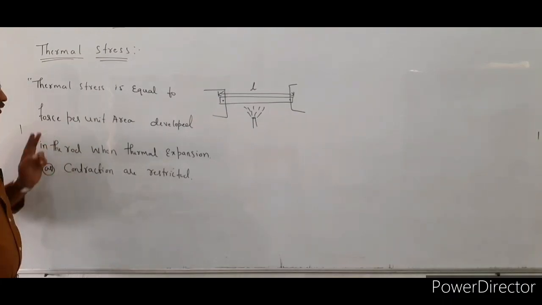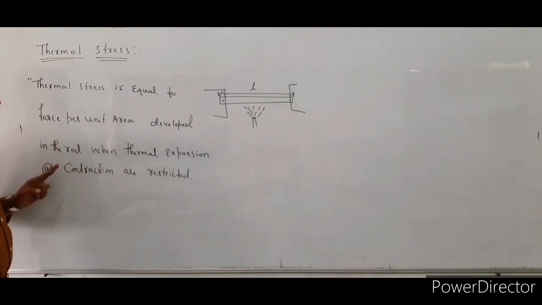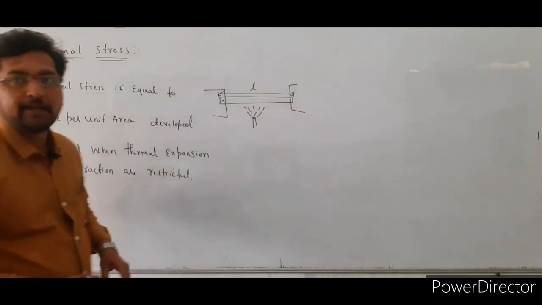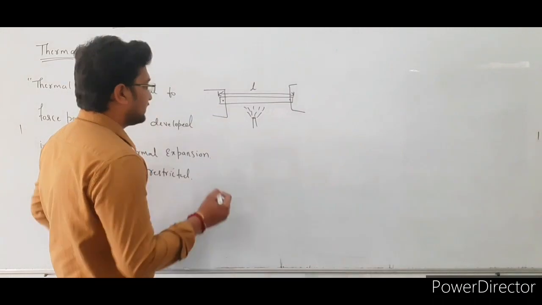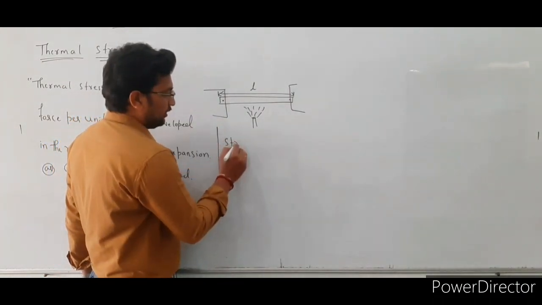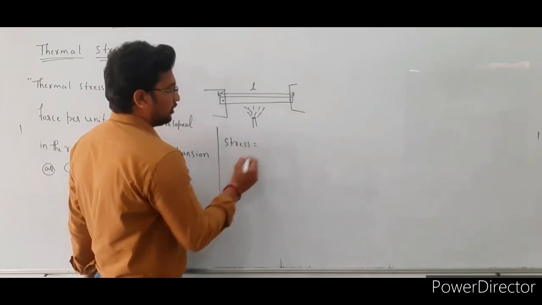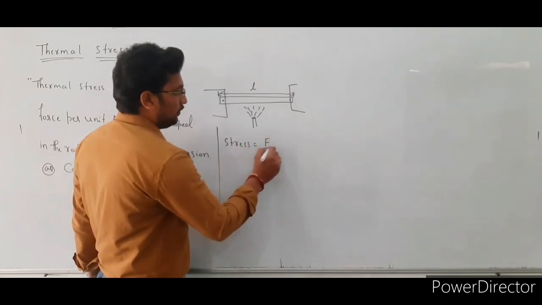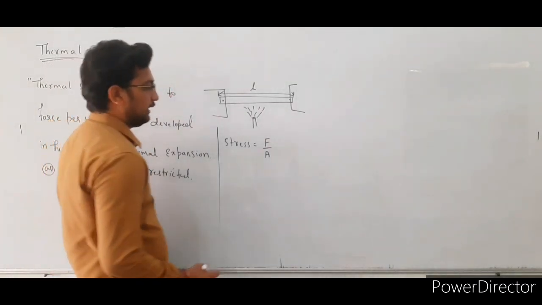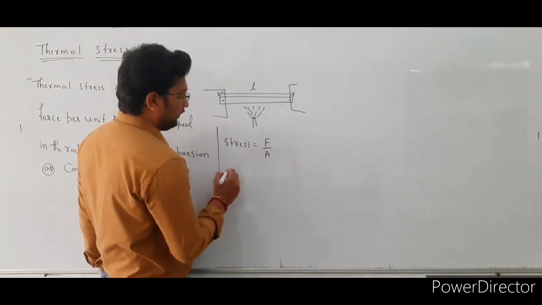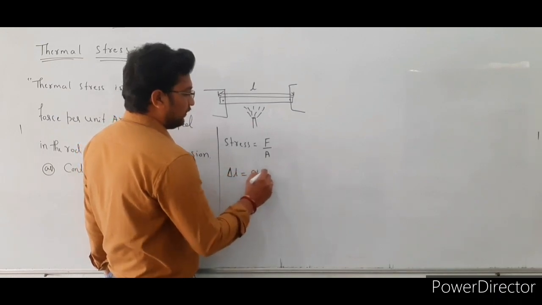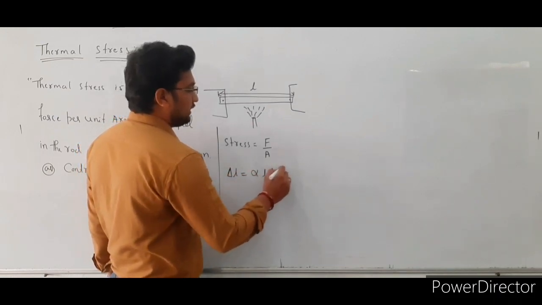Thermal stress is equal to the force per unit area developed in the rod when the thermal expansion or contraction is restricted. See here, the first one: the stress developed inside the rod is equal to force per unit area. Next, we already know that change in length is equal to alpha into initial length into change in temperature.